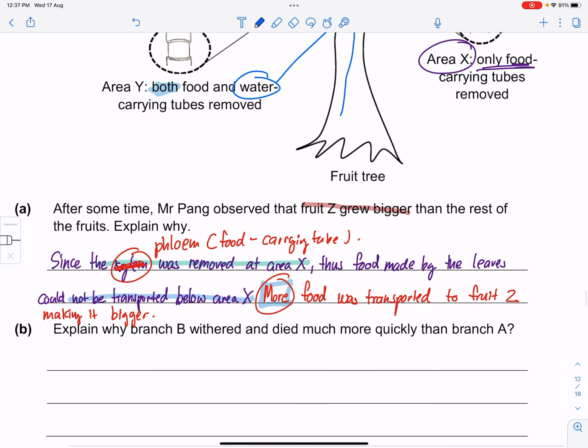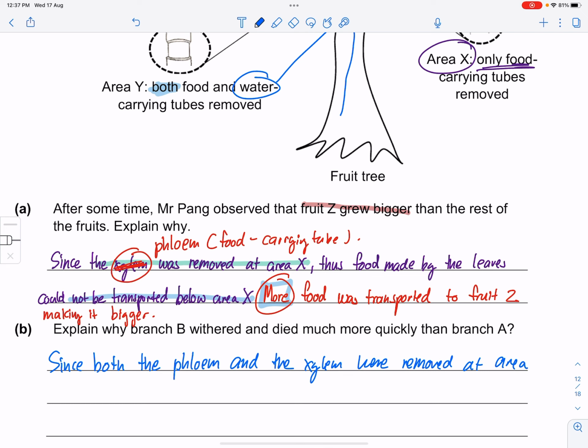So you would say that since both the phloem and the xylem were removed at area Y. Next point. Leaves on branch B cannot receive water from the roots.